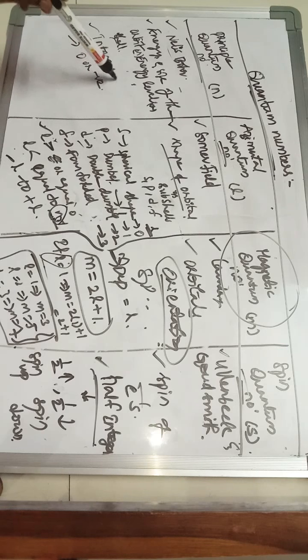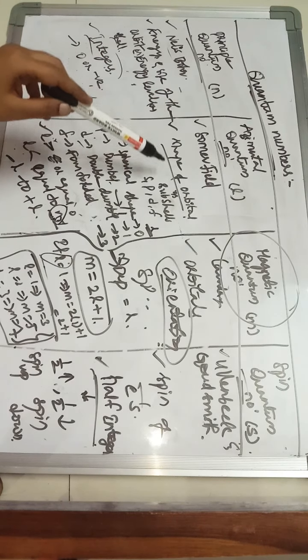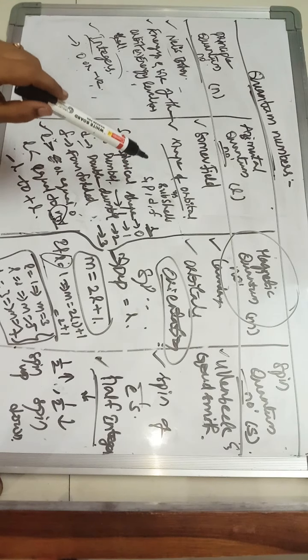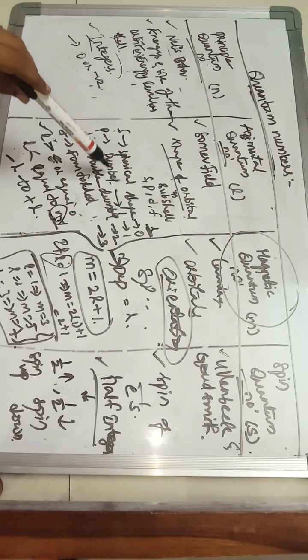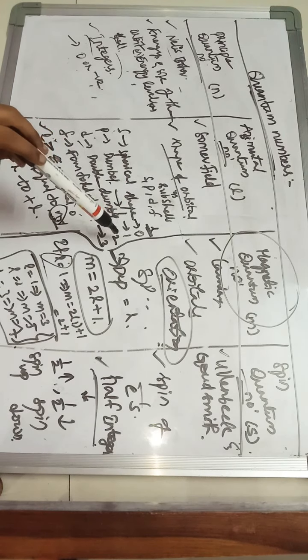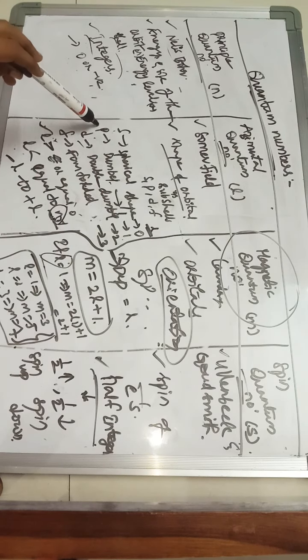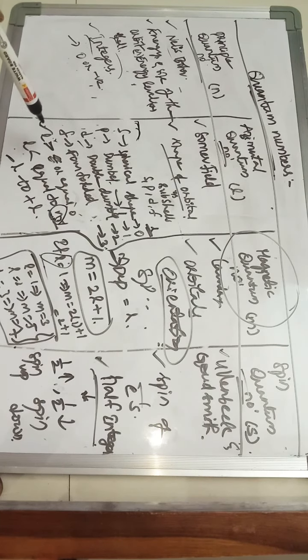Okay, and its value is always an integer value, never ever 0 or negative. And the azimuthal quantum number was explained by Sommerfeld, and he explained the shape of the orbitals or subshells, that means S, P, D and F: S is spherical shape, P is dumbbell shape, D is double dumbbell and F is four-folded. Okay, if L value is 0, that is S, if L value is 1, that is P, if L value is 2, that is D, and if L value is 3, that is F. Okay, we have to remember these basics, and these will be useful in the Aufbau diagram.